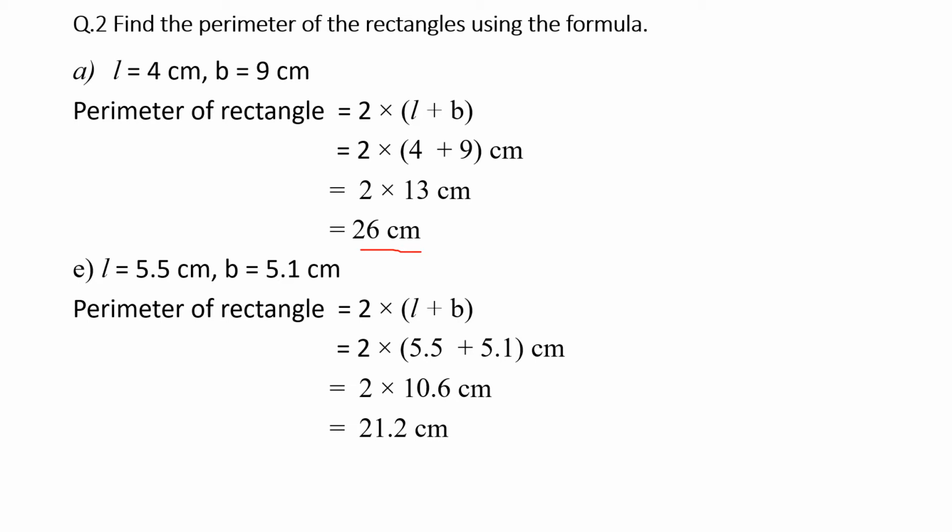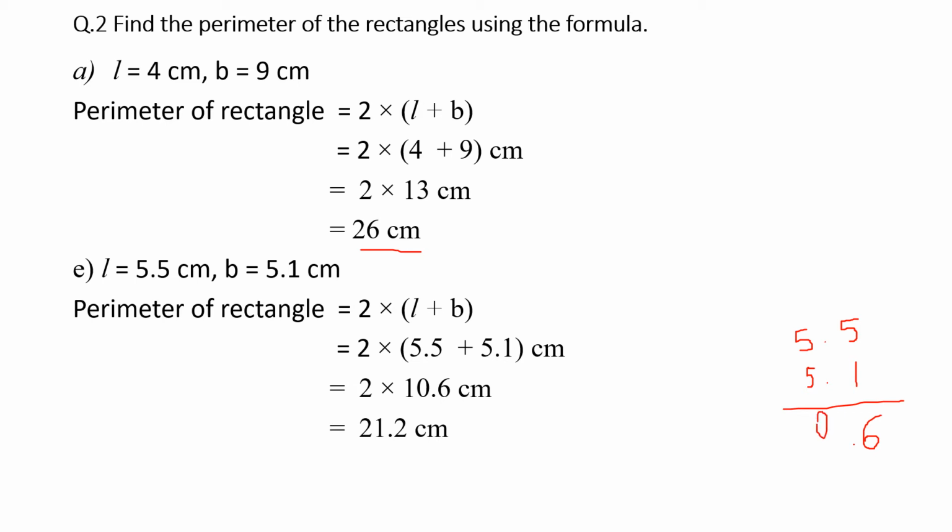Now when we have the decimal value, we will do it in the same manner as we do. We will only keep in our mind that when we multiply decimal numbers, the decimal places are not going to multiply. So 2 into L plus B. 5.5 plus 5.1. We will add them. We all have learned how to add the decimal numbers, that gives us 10.6.